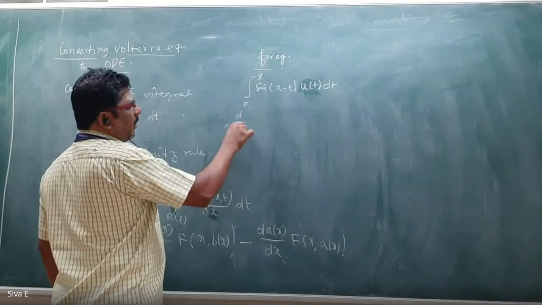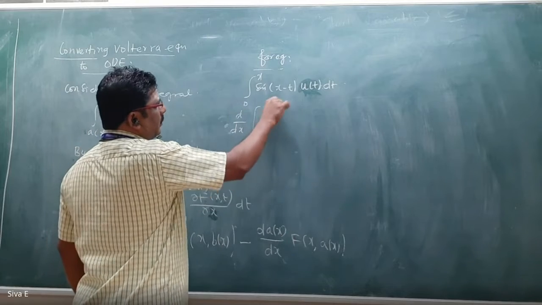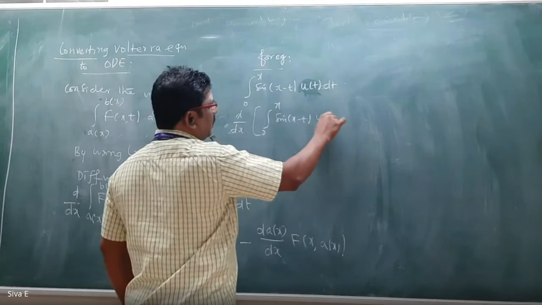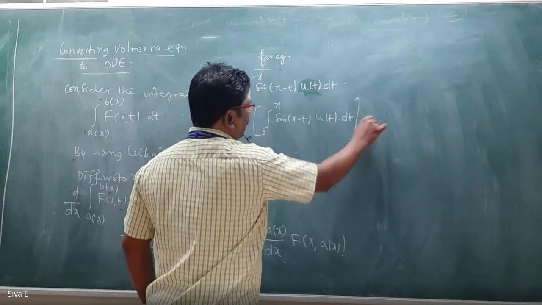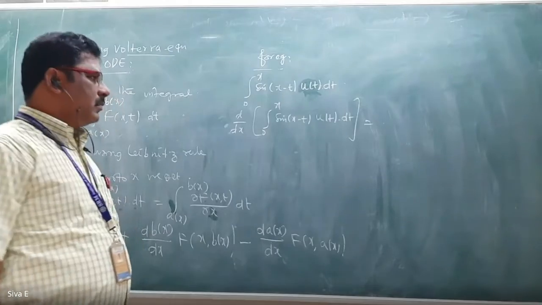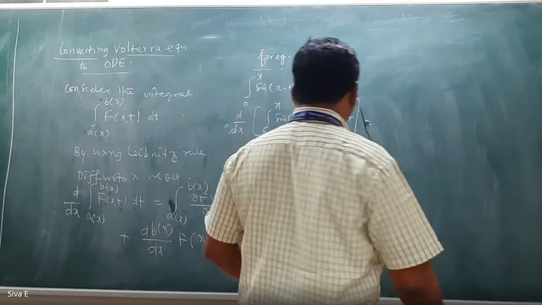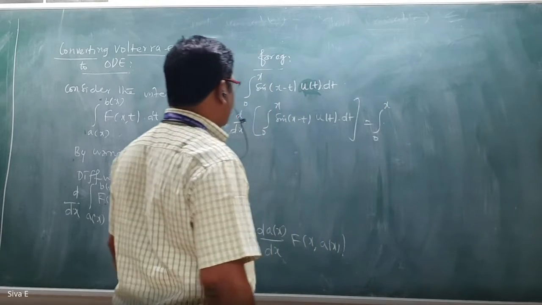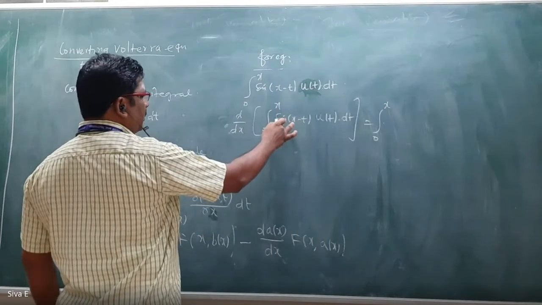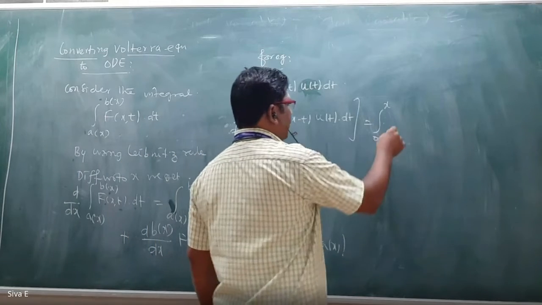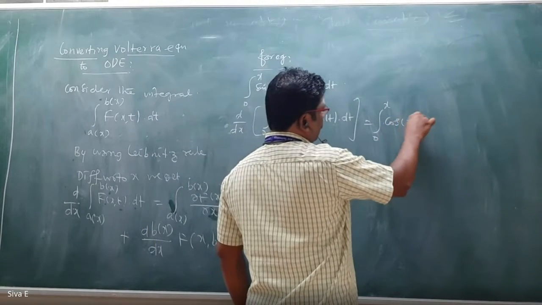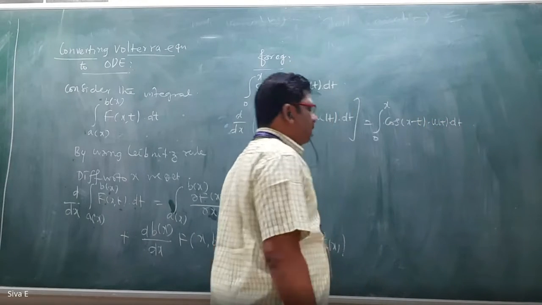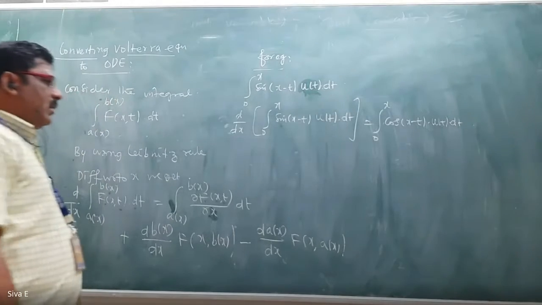We get d by dx of the integral from 0 to x of sine of x minus t u of t dt equal to, integral over 0 to x, differentiating with respect to x, sine differentiation is cos of x minus t, u of t dt. That is the first term.